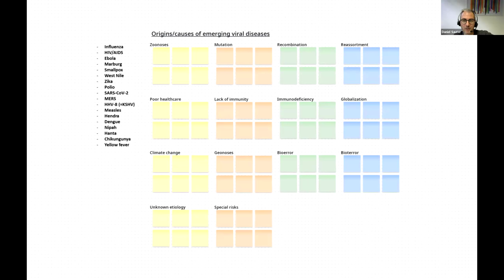And in the center, I do have a few post-its. So just think about this. How would you assign different viruses to different categories? And then we will try to put them on these post-its together. You can also think about other viruses that are not part of the list. That's also fine.